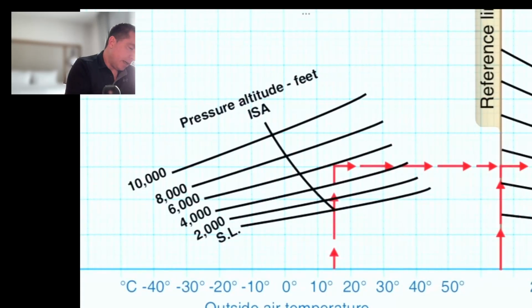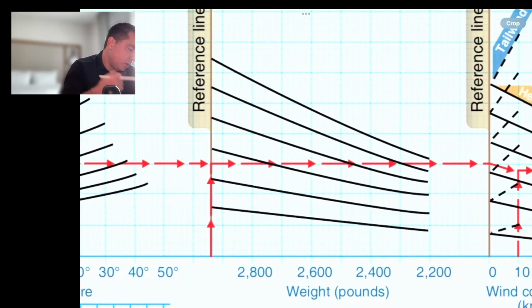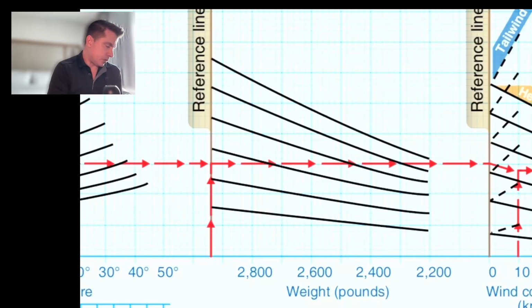So at the reference line, you'll notice here they have you just at max weight. It looks like probably about right at 3,000 pounds, I'm guessing, if I'm reading that graph correctly. If that's the case, you really don't have to do much. You just go straight across from the reference line.